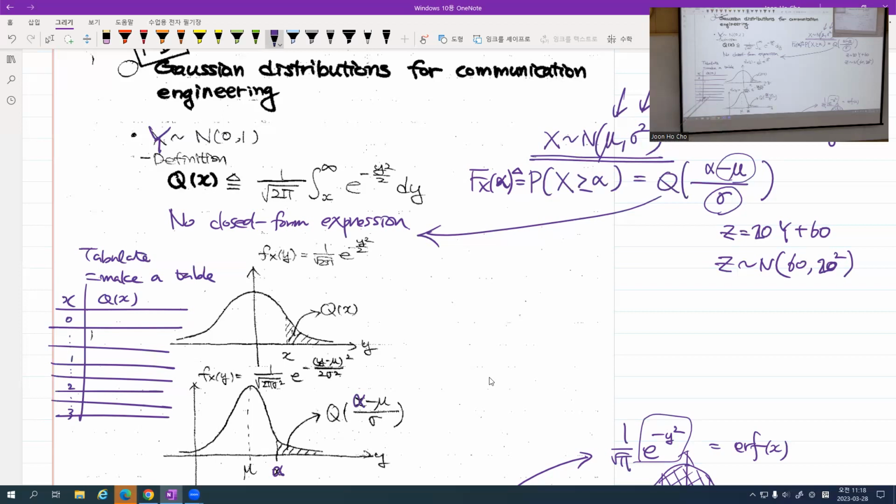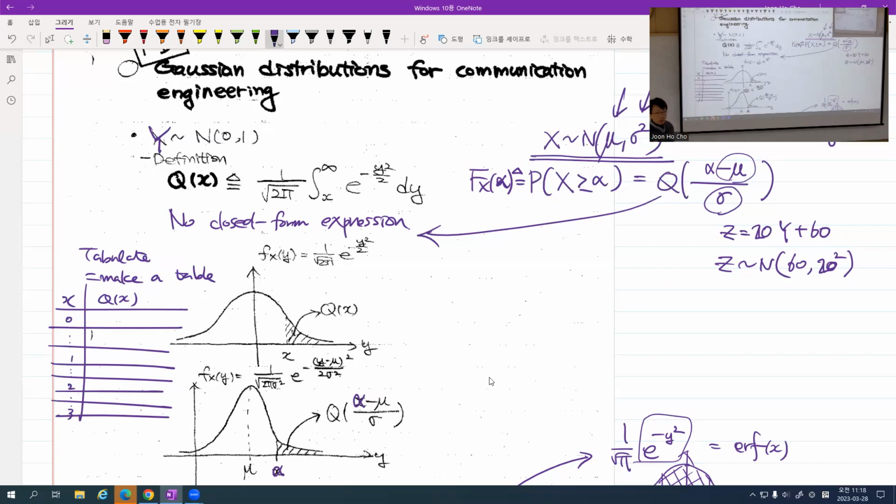And fortunately, if we divide these intervals fine enough, as you've seen in your high school math, even the logarithmic function can be tabulated, right? You've seen the so-called 상용 로그표, that is the table of the logarithmic function with base 10. And you've seen how to linearly approximate or linearly interpolate the lines in between, something like that in your math textbooks, right? Similarly, people tabulated this Q of x.